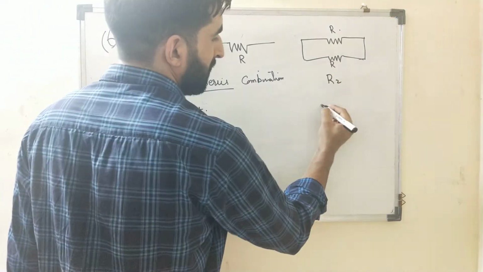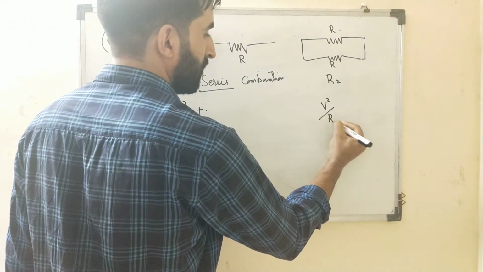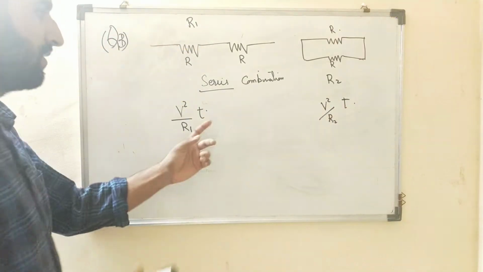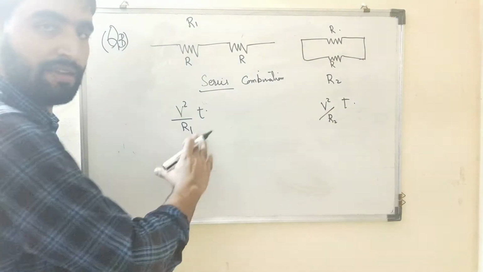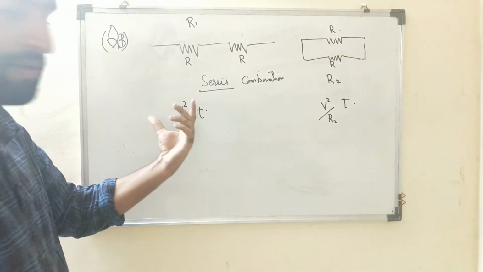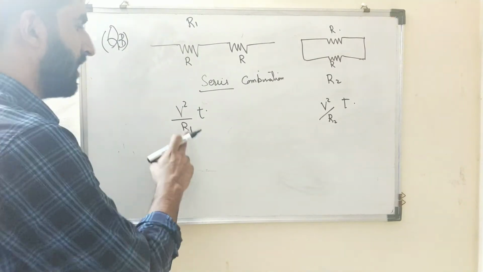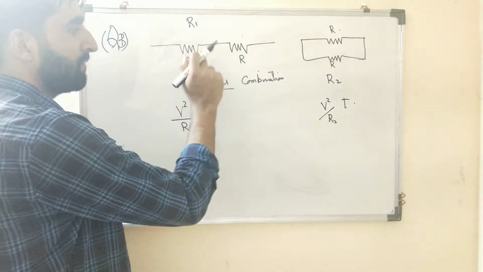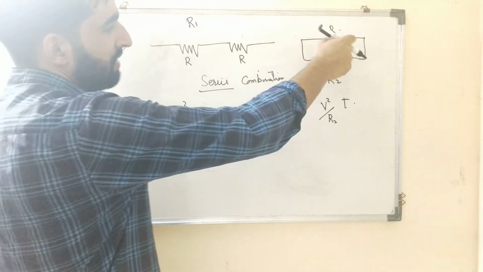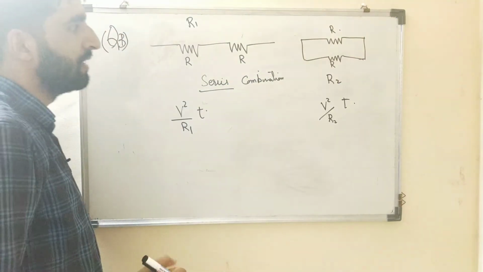So heat produced will be V square by R2 times T. Obviously the time T is the same in both the cases, and voltage is also the same. But R1 and R2 differ, because in the first case they are connected in series and in the second case they are connected in parallel.